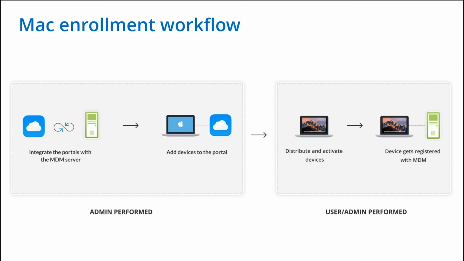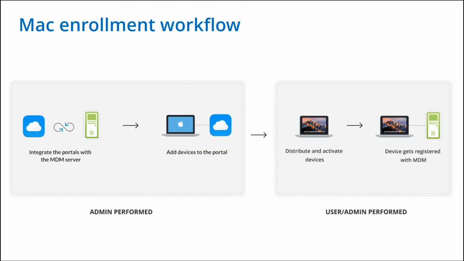So if I can just breeze through this process for you guys, it would just be integrating your Apple Business Manager account with the MDM solution, followed by which you would have to add the serial numbers of your MacBook over to your ABM account itself, and then you just activate the device.